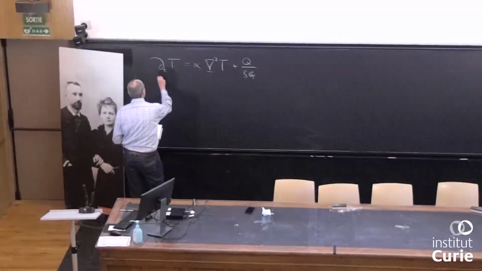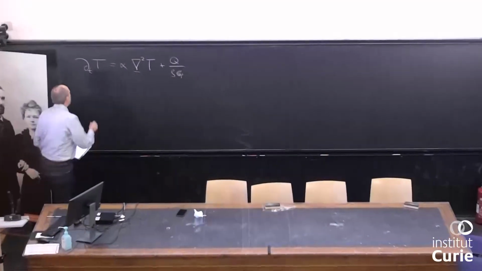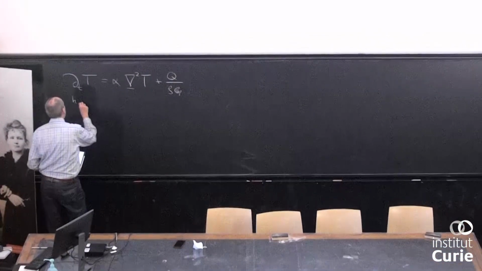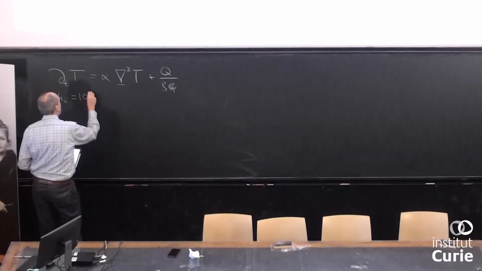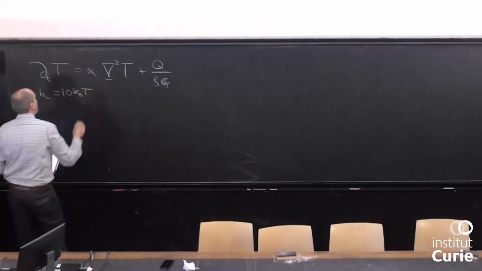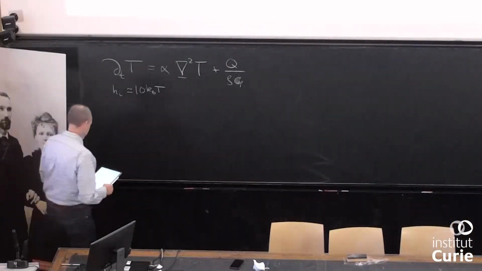Now imagine that there are these discrete events where ATP, for example, is hydrolyzed, and this releases heat of the order of 10 kBT, which is the enthalpy change of an ATP hydrolysis.